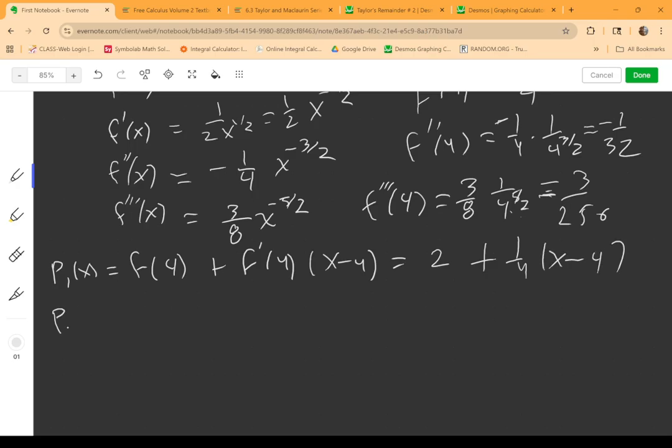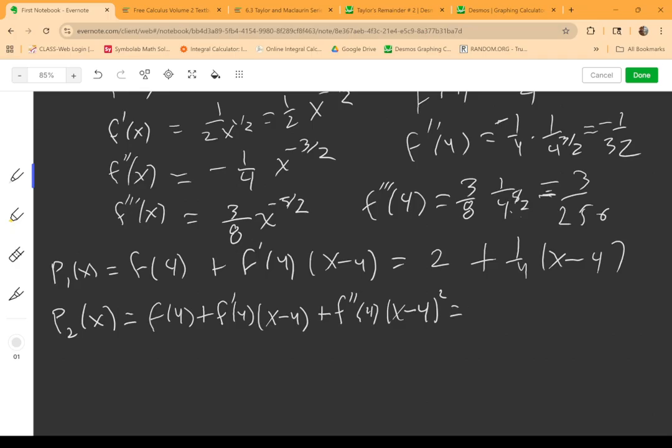Our second polynomial here is going to be f of 4 plus f prime of 4, so essentially P1, and then we add to that f double prime of 4 over 2 factorial times x minus 4 squared. That gives me 2 plus 1/4 times x minus 4 minus 1 over 32 times x minus 4 squared.